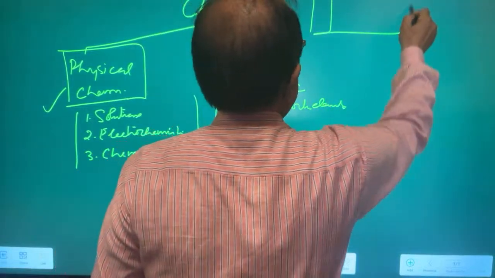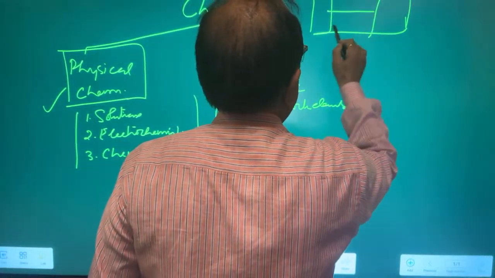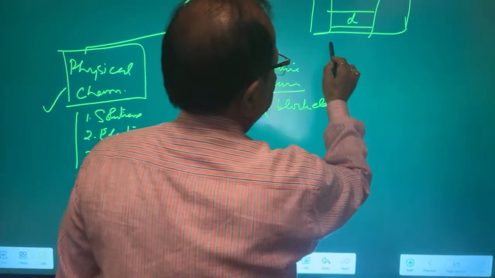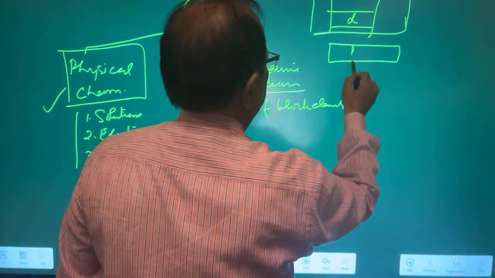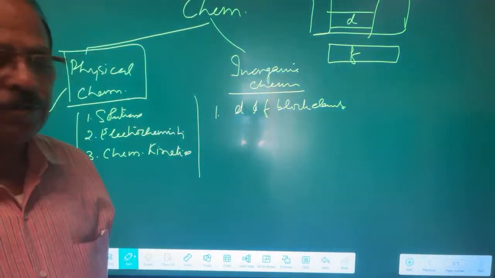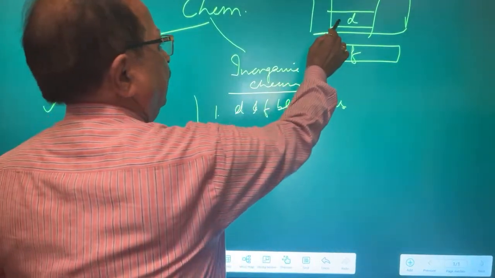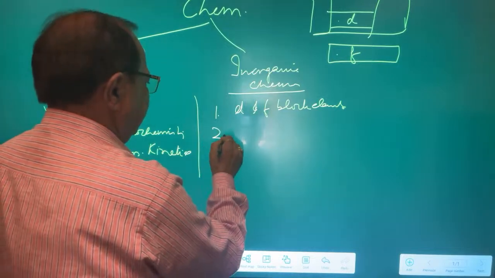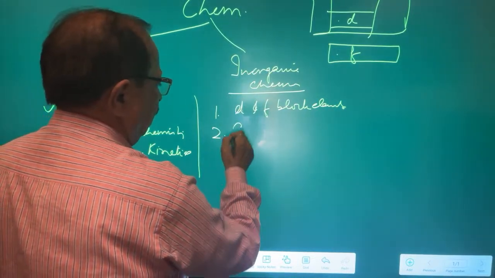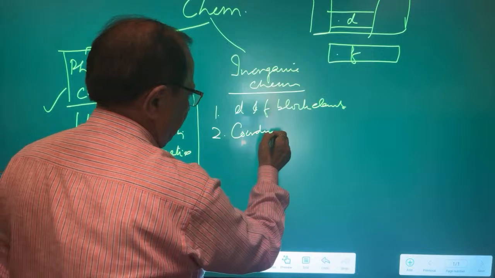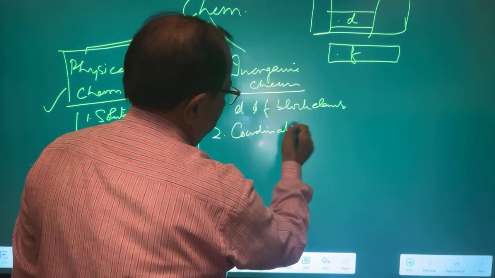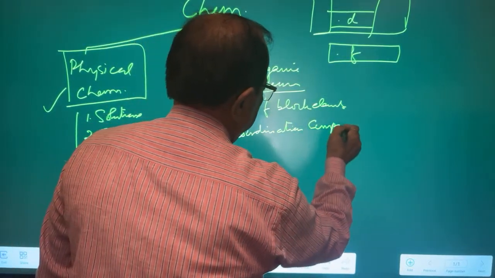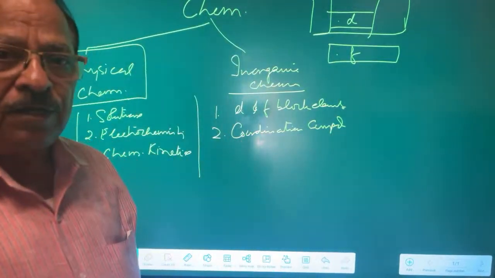That block is known as D block. And then there is another block called F block elements. So there is a chapter where we have to study about D block and F block, right? And the second chapter in inorganic chemistry is coordination compounds. So you have to study these 2 chapters in inorganic chemistry.